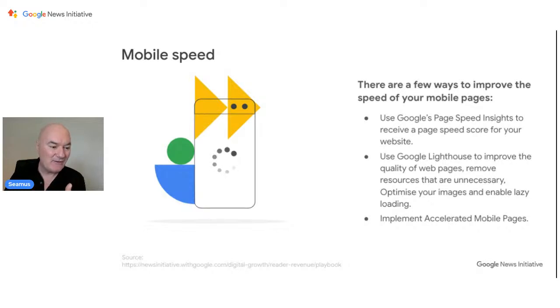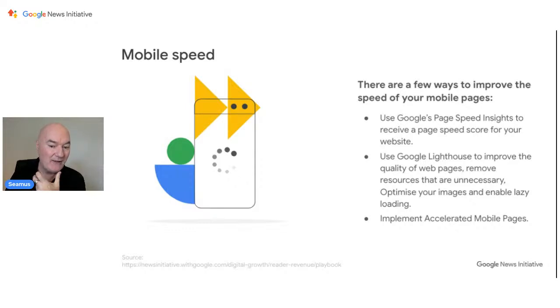I think some of the research we've seen there, 50% of readers are going to leave a page if it takes more than 3 seconds. I mean, it's scary, isn't it? 3 seconds and we're gone. If it's taking more than 3 seconds, if we keep seeing that little circle moving around, we're gone. We're not staying on the page. It's terrible, but it's true.